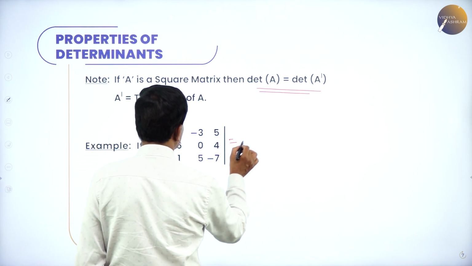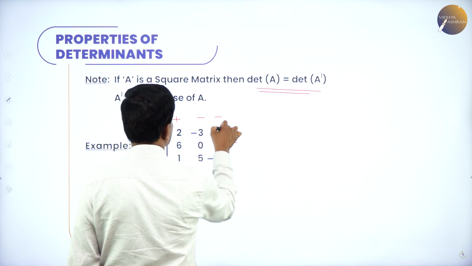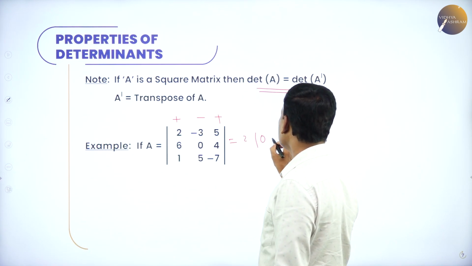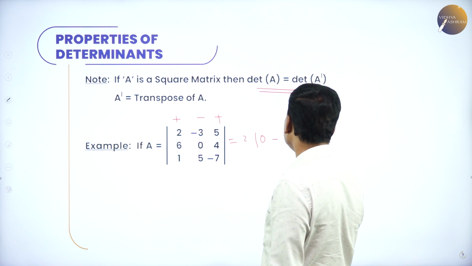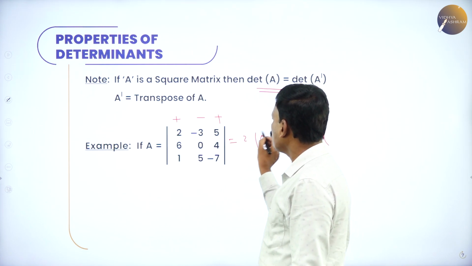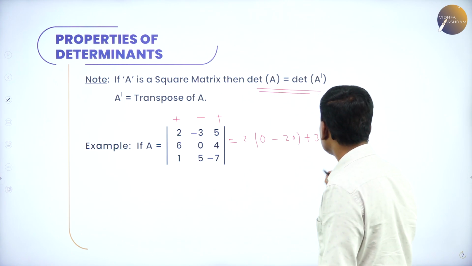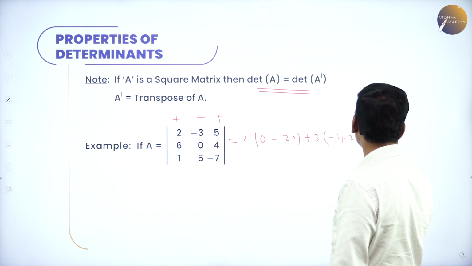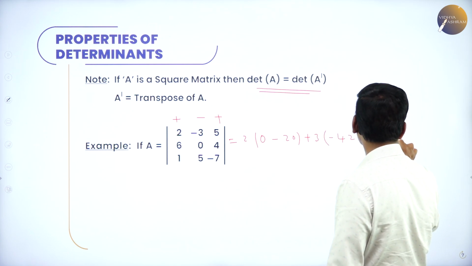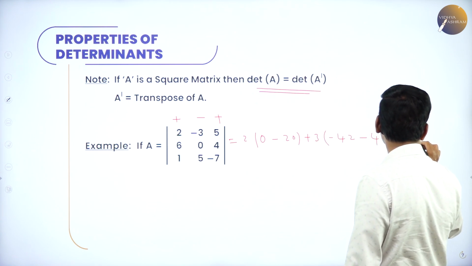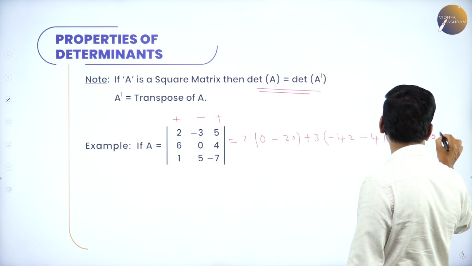So let us expand this. Plus, minus and plus. 2 into 0 minus 5 4s are 20, minus into minus plus 3 into, delete the row and column containing this, 6 into 7, 42, minus 1 into 4 is equal to 4, plus 5 into, this is gone, 6 5s are 30, minus 1 into 0 is 0.